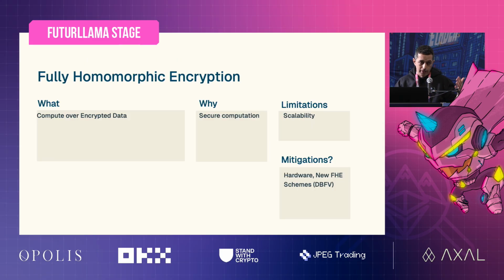So FHE, as I said, has been out there for quite some time. It allows you to compute over encrypted data. Some of the key limitations typically associated with fully homomorphic encryption is the scalability of FHE.